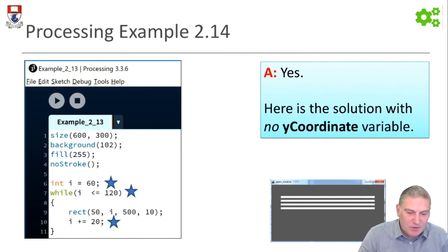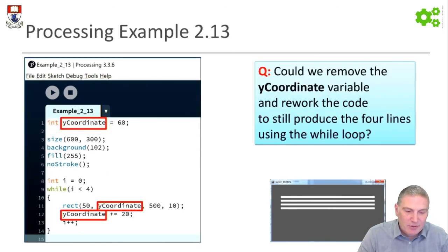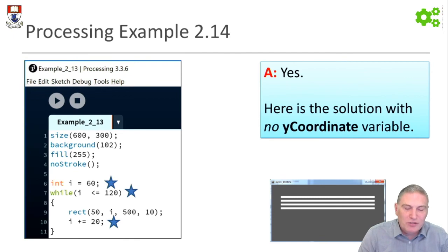So this time we're starting with, while I is less than 120, draw the rectangle using the I value, and instead of just adding 1 every time, we're adding 20 every time to the variable I. So the 3 stars here are highlighting what's changed from the previous example. Previously we used two variables, y coordinate and I, and now we're just using I.